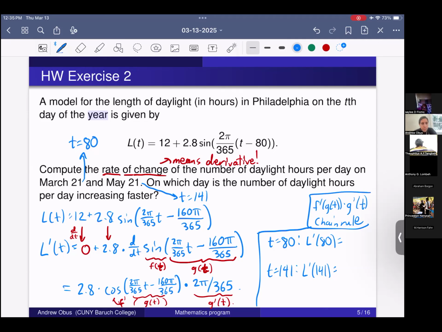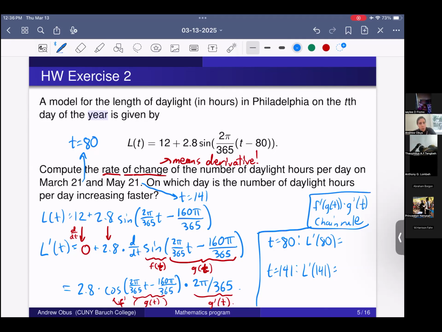Oh, I see. Oh, yeah, so that's actually going to be exactly that. And then we'll multiply the entire thing times 2 times pi divided by 365.